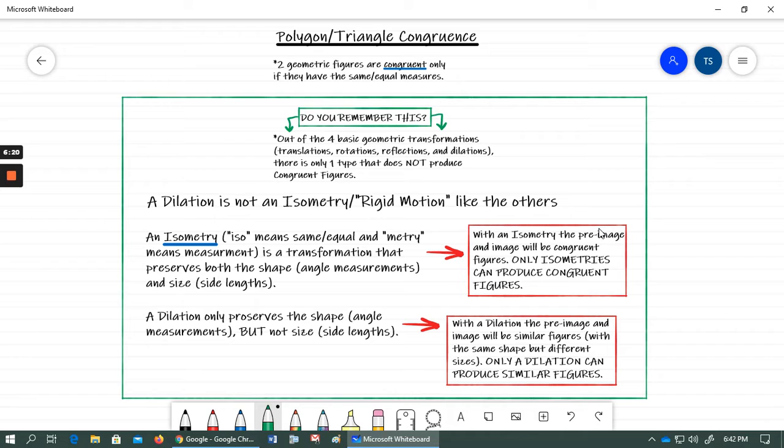All right, so when it's a translation, a rotation, or a reflection, those three are isometries or rigid motions. And with those three types of transformations, your pre-image and your image will end up being congruent figures. Whether we're talking about line segments or angles, or polygons, which this video happens to be talking about, congruent polygons.